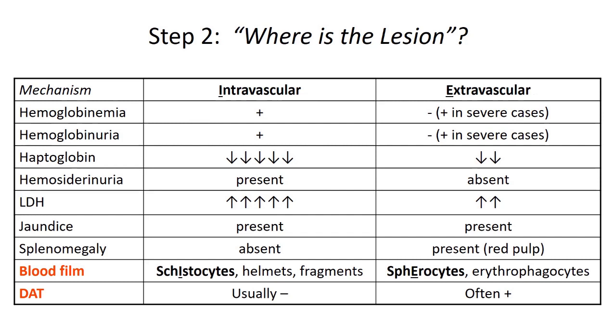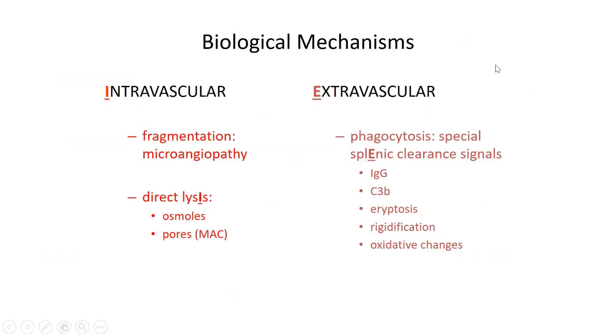The blood film and the DAT, however, are really more specific orienting tests. You'll see schistocytes and spherocytes respectively. You've got a vowel as your mnemonic there. And the DAT, of course, is usually negative for intravascular and positive for extravascular.